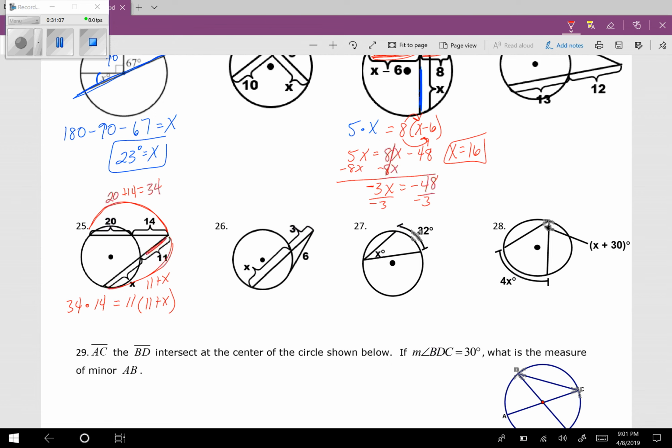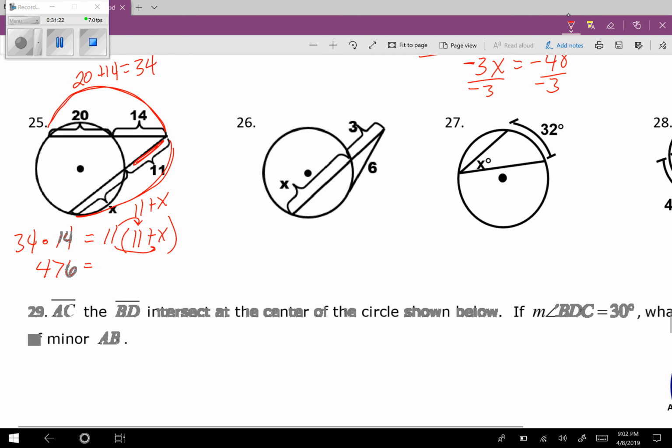So now we're calculating. 34 times 14, that's 476. And then we have to do the distributive property here. So 11 times 11, that's 121, plus 11x. Okay, minus 121.